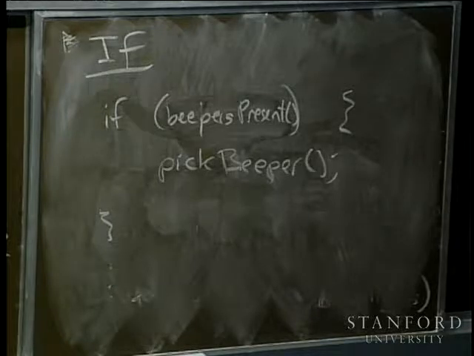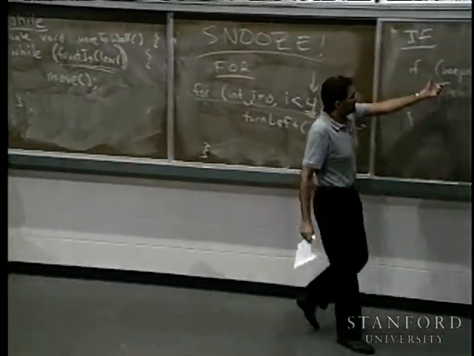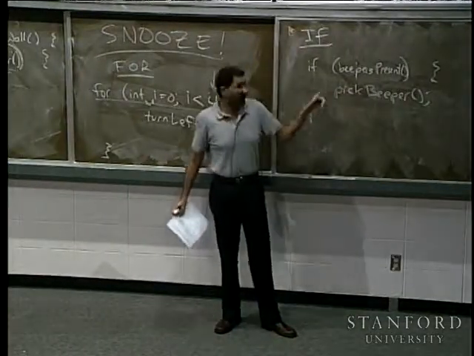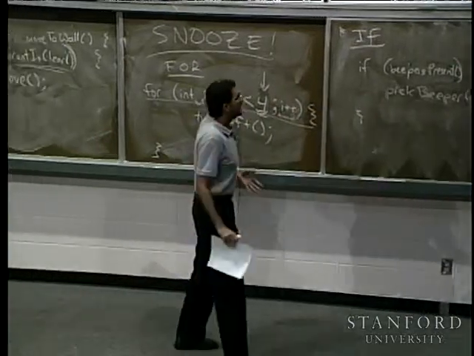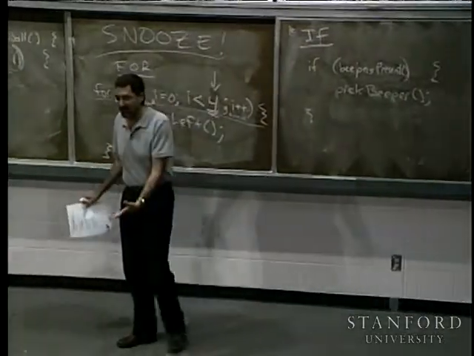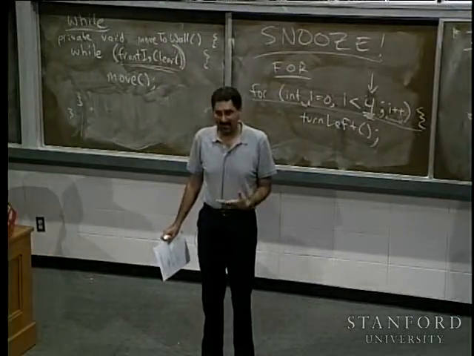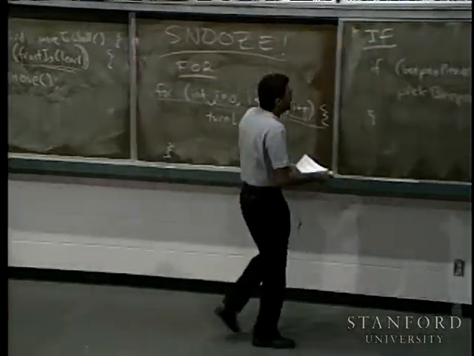It's all lowercase. Now, sometimes what happens in life is you don't want to just say if something is true, then do this. You want to say if that thing is false, then I want to do something different. Okay? So you might want to say, hey, if there's a beeper present, I'm going to pick it up. But if there isn't one there, Carol feels a little sad, and he's going to put a beeper down to plant a new tree because he wants to fight global warming.